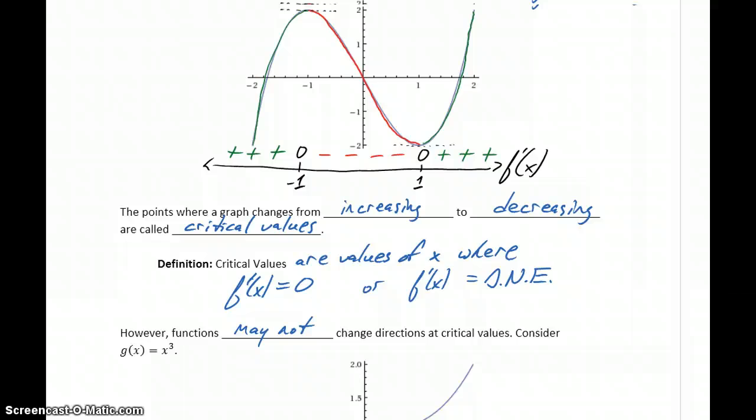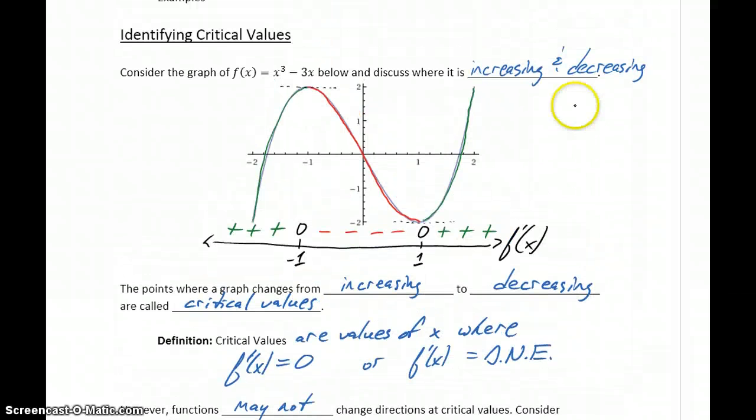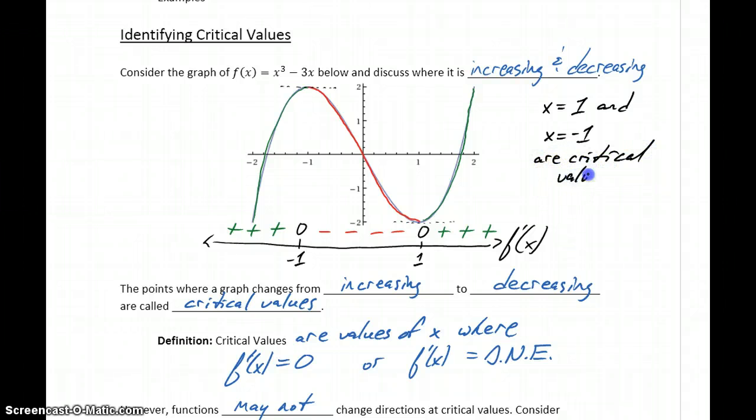So in our first example, x equals 1 and negative 1 were critical values, and at each of those critical values, our function changed direction.